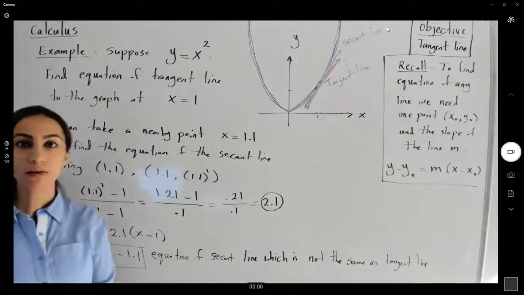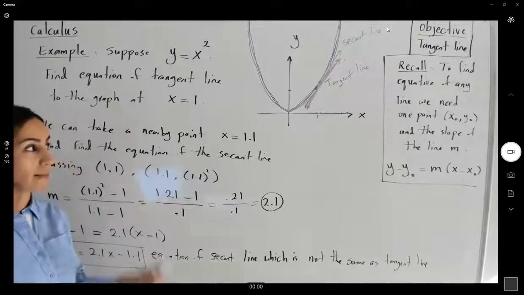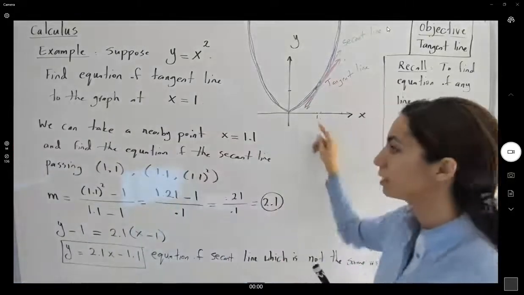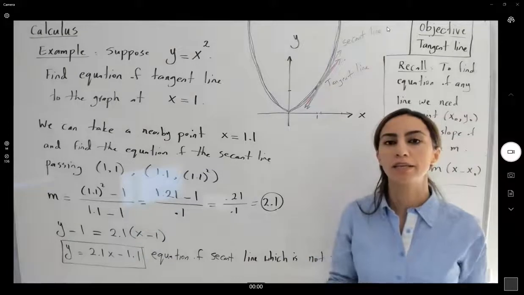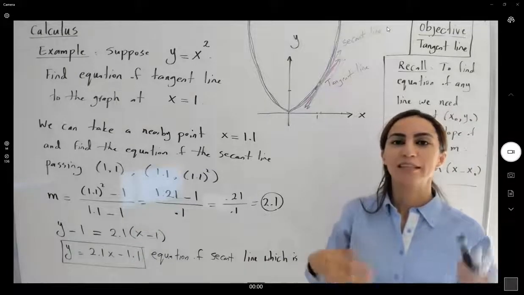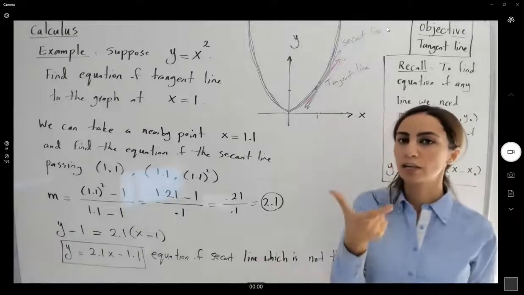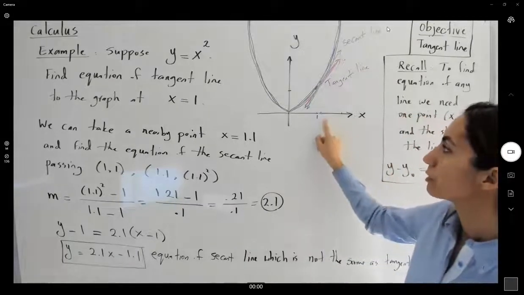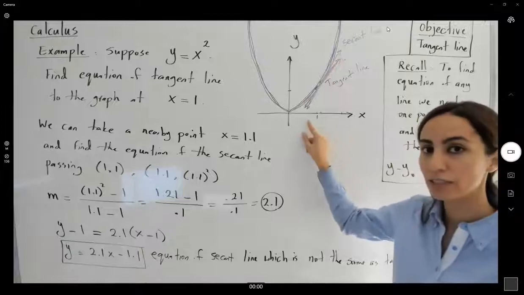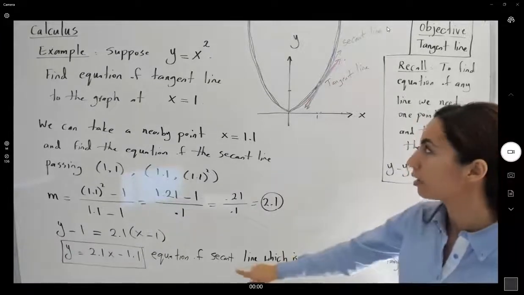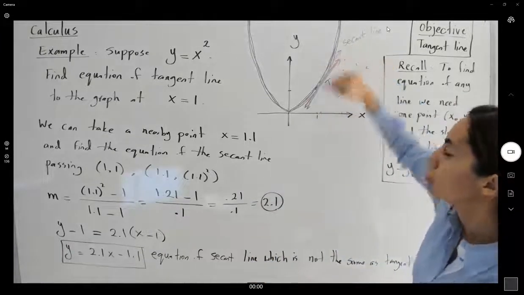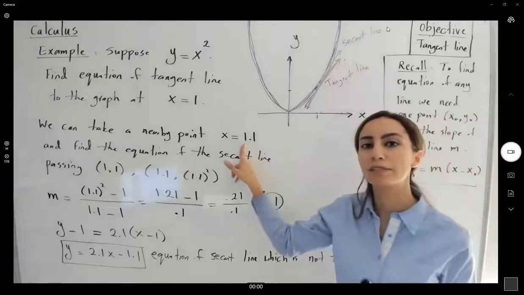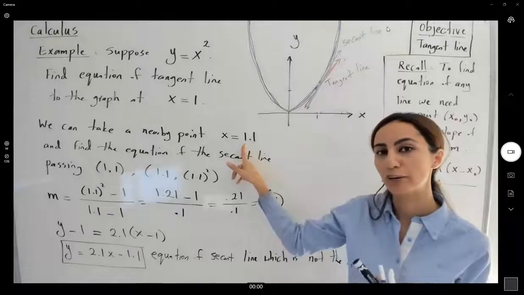So as we get closer and closer, and we get numbers that are closer and closer to 1, you're defining something that is the limit. You're getting closer and closer to 1 from right and left, and this secant line eventually going to be the same as tangent line. But we have to increase the precision for these numbers.